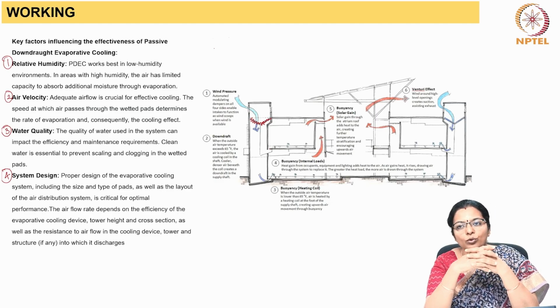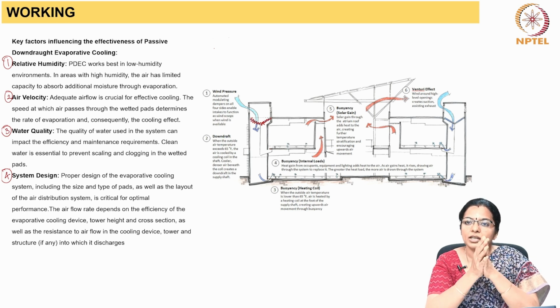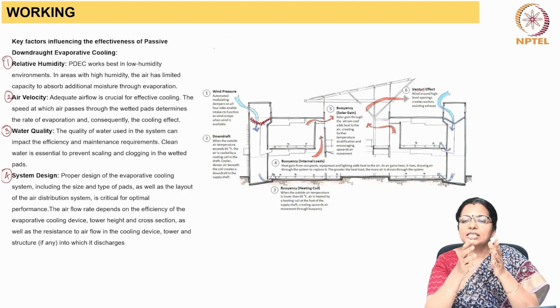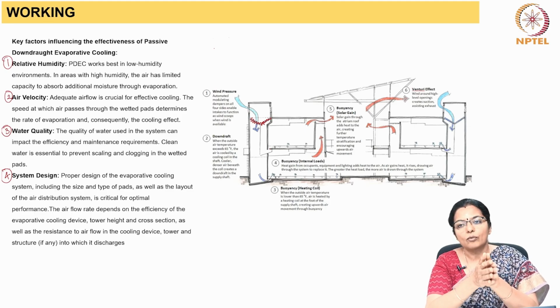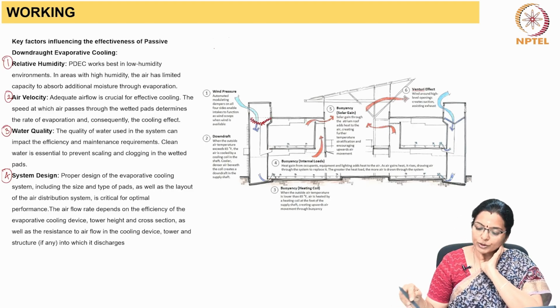The airflow rate depends on the efficiency of the evaporative cooling device, tower height and cross section, as well as resistance to airflow in the cooling device, the tower and structure, if any, into which this gets discharged. This entire system must be well designed and thought of comprehensively, as shown here.